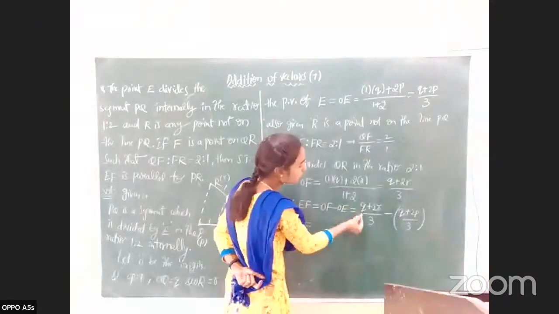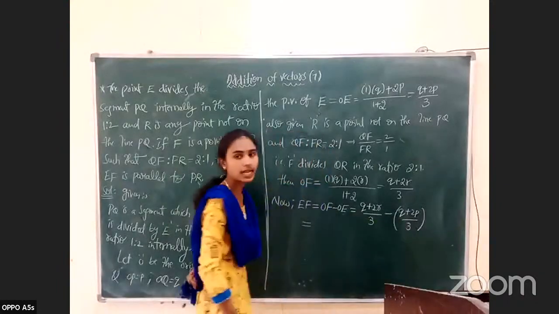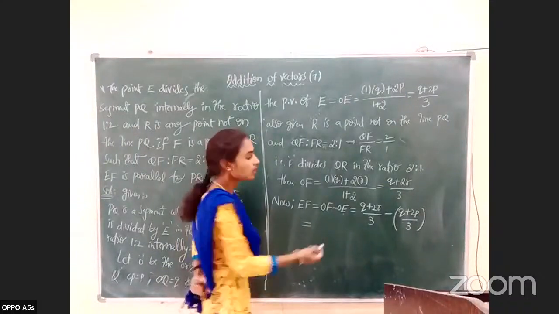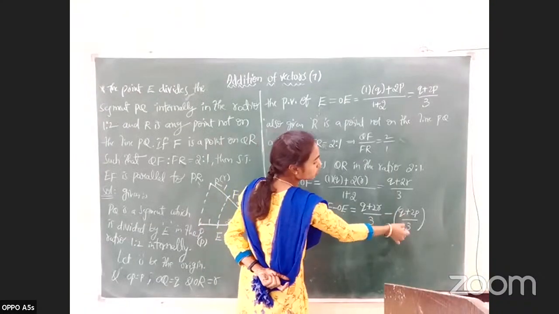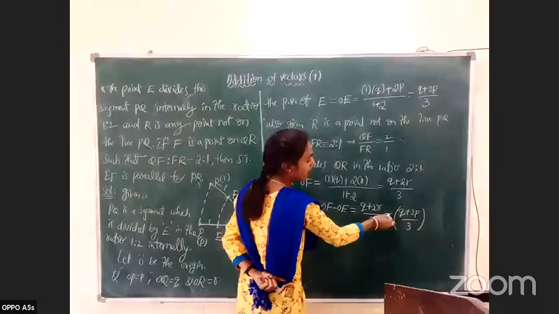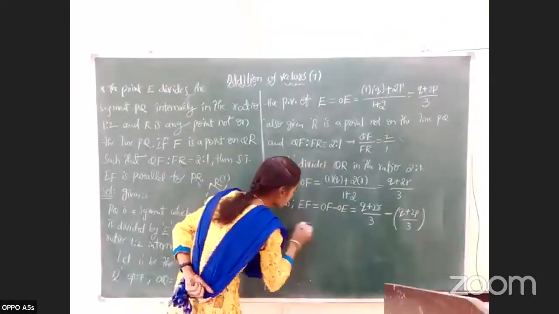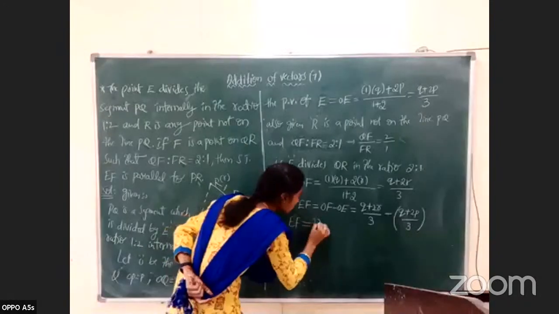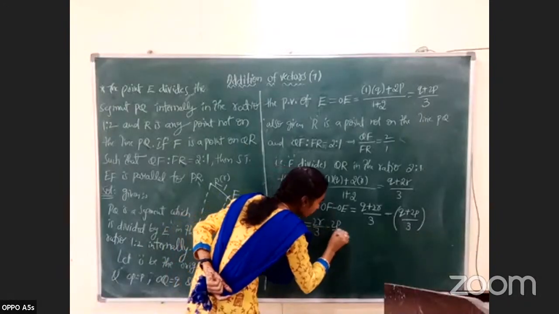So plus Q by 3 minus Q by 3 will get cancelled. What will remain? 2R by 3 minus 2P by 3. So EF is equal to 2R by 3 minus 2P by 3.